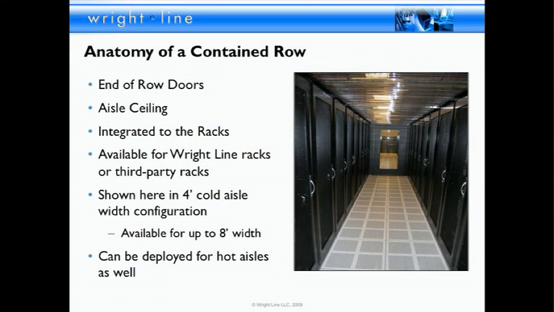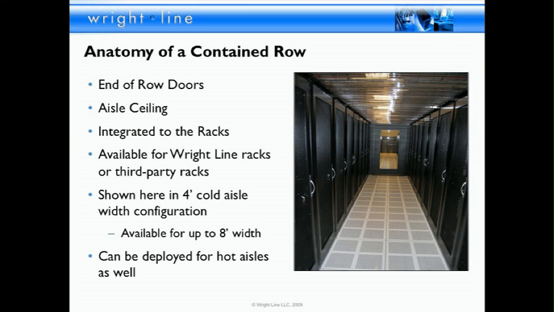This is a picture of it inside, and essentially what it consists of is the end of row doors. These exist from a variety of different manufacturers and a variety of different models, including from us, whether they be single swing, a curtain arrangement, or cafe style aisle swing.